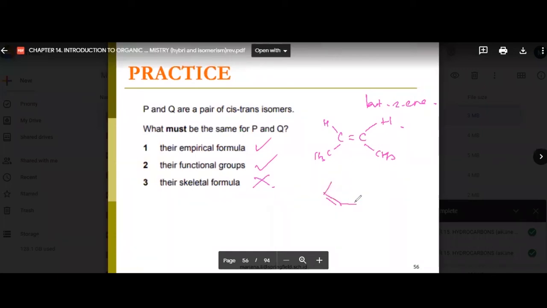Okay, this is the cis one, at the same side. And for the trans, you can draw like this. So the skeletal formula is different. This is cis, this is trans. Look here at the position. So the correct answer is B. 1 and 2 are correct.